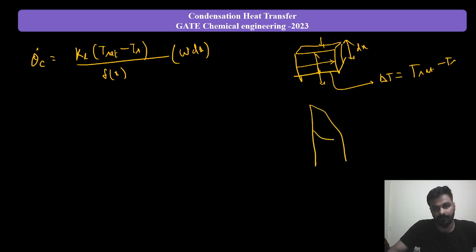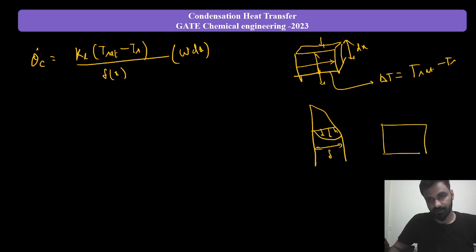The profile is like that, right? If this is delta, and here again I am trying to make this, if this is delta minus y, it will be transferred from this to this. So here this will be T surface, and here this is T saturation.